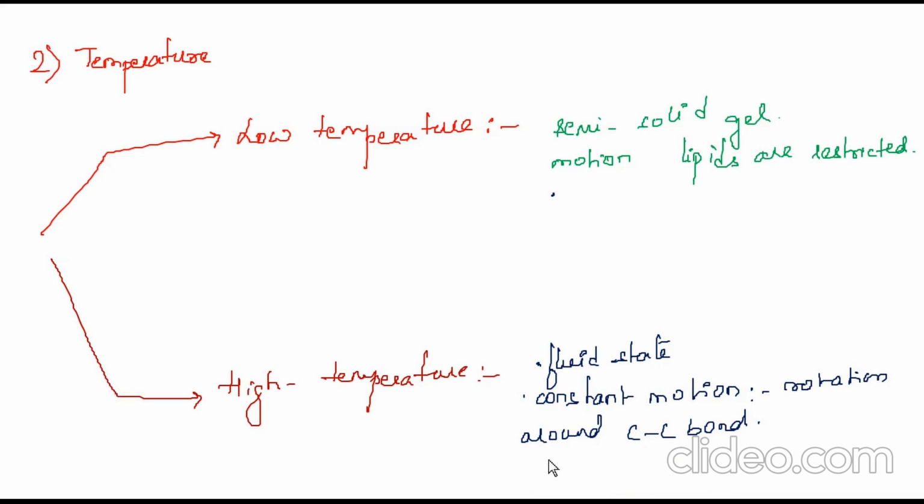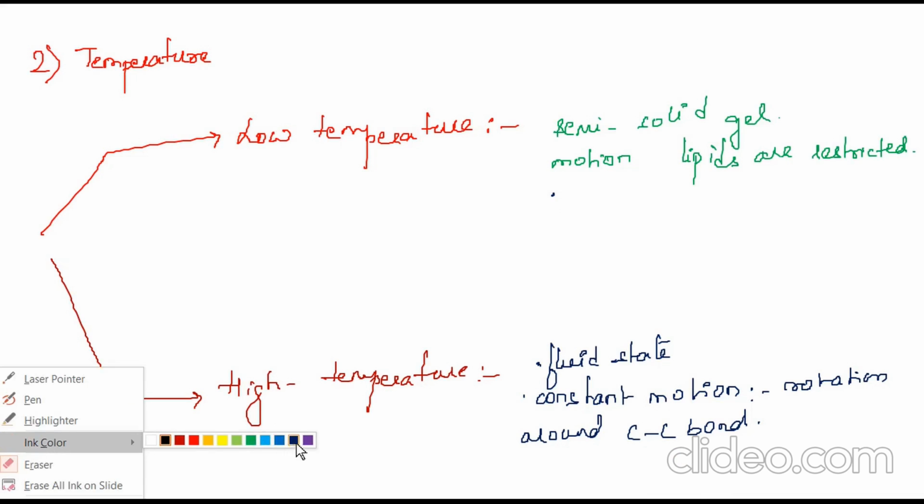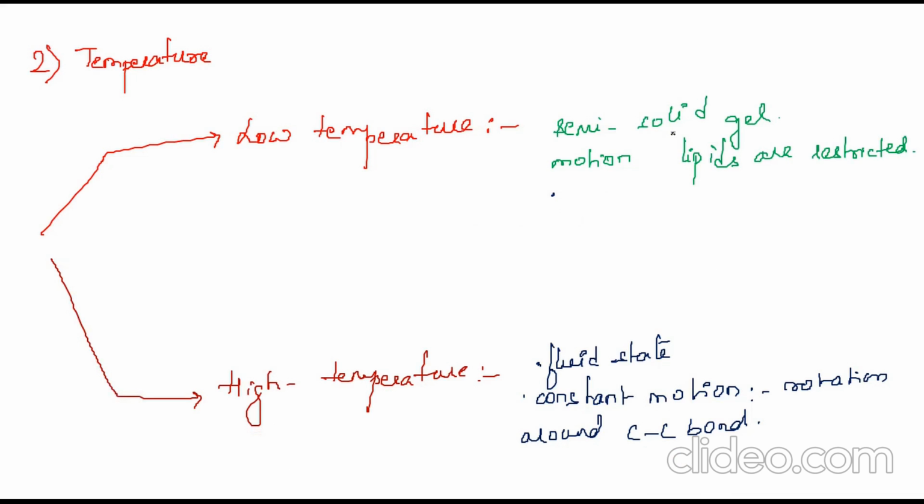So here, at low temperature, the structure is semi-solid gel and the molecules are tightly packed. Long chain and saturated fatty acids pack well and increase the rigidity.